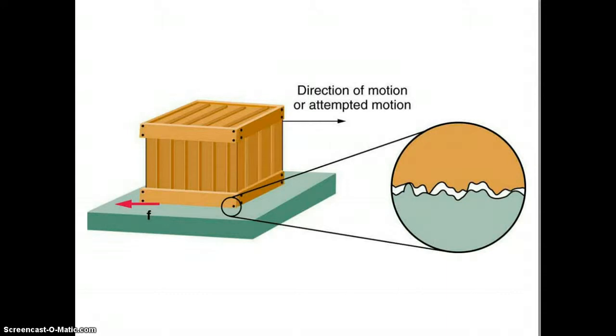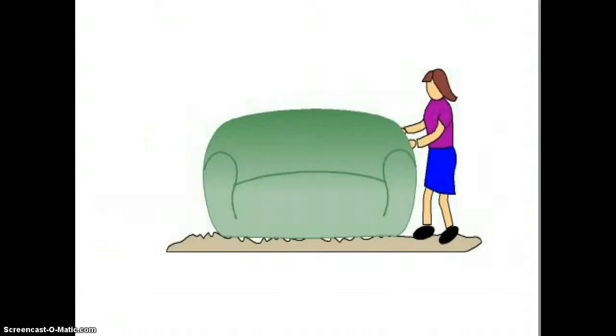Going back to the crate example, once it comes to rest, it's a good question to ask whether or not friction continues to act on the object once it stops sliding. The answer to this question is more complicated than a simple yes or no. So let's start out by just imagining a sofa here and a person trying to move the sofa.